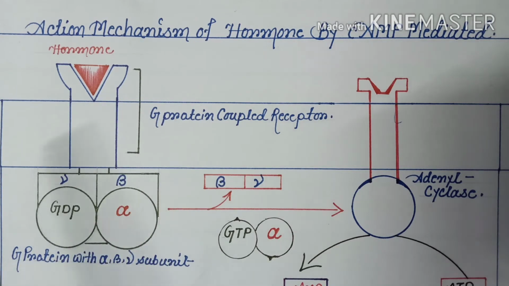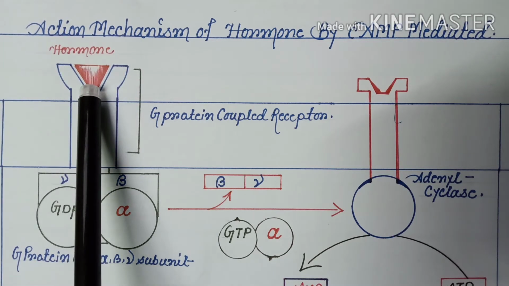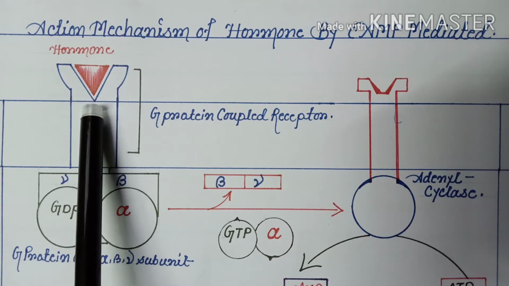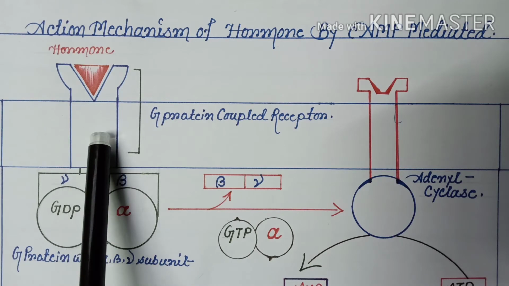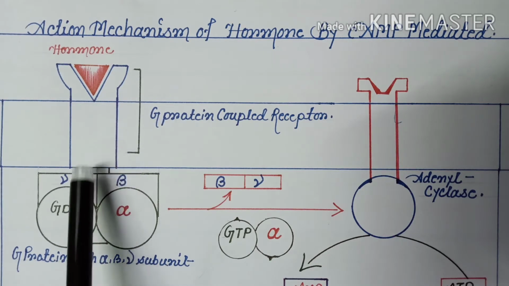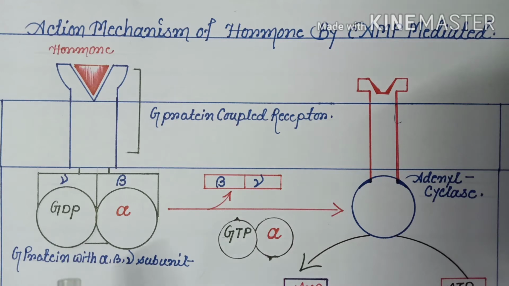At first the hormone comes and binds with the receptor and the hormone receptor complex is formed. But look, this receptor is combined with a protein on the cytoplasmic surface called G protein. That's why this receptor is also called a G protein coupled receptor.